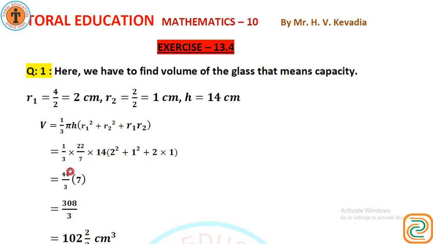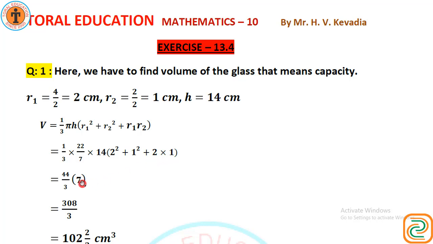Here 22 by 7, 7 twos are 14. 22 twos are 44 upon 3 into 2 square, that is 4, plus 1 square, 1. 4 plus 1 is 5, 5 plus 2 ones are 2, 5 plus 2 is 7.